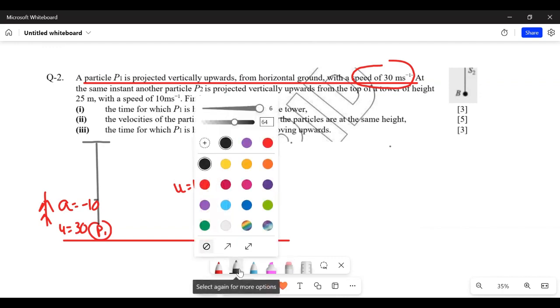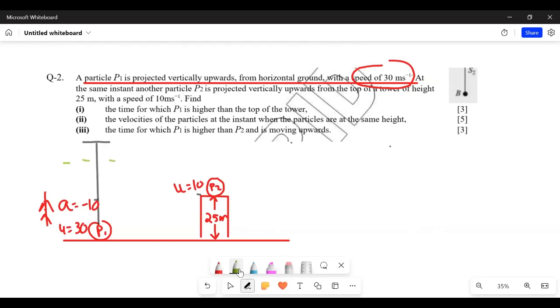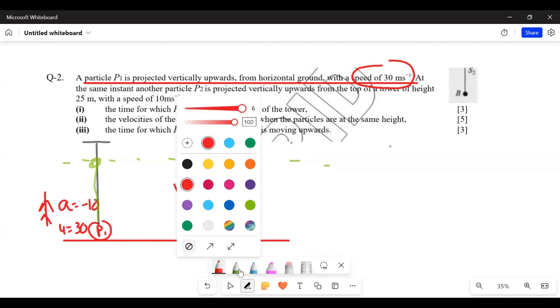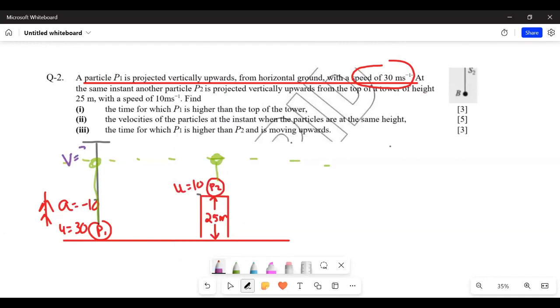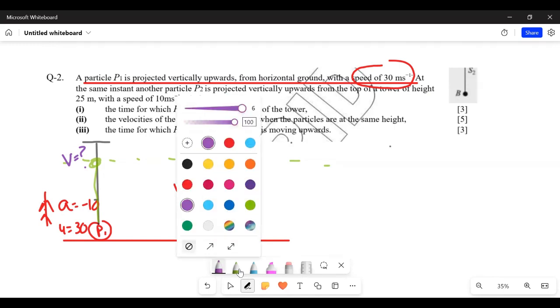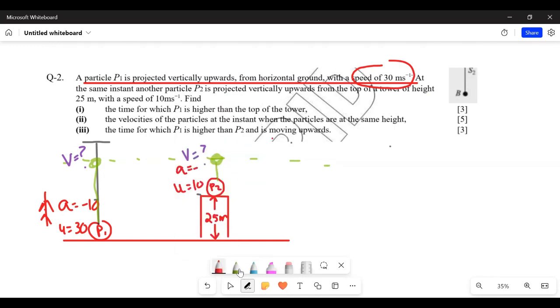So let's say some point over here, both particles are at the same height. This one reaches here and this one reaches here. At this instant, the heights are equal and you have to find the velocities of both the particles at this instant. So that means you have to find V here for this movement and V here for this movement. Also, we know for the second motion that A is also minus 10 because this is also going upwards.